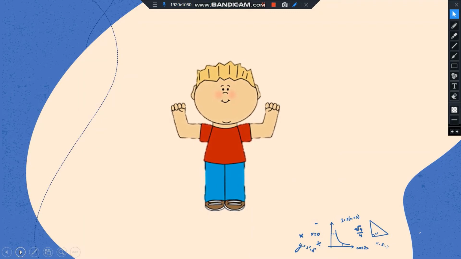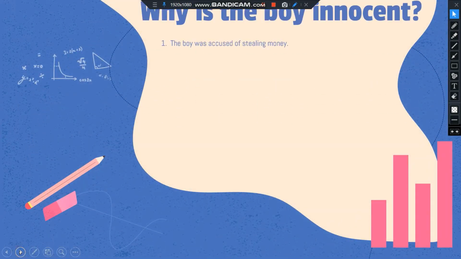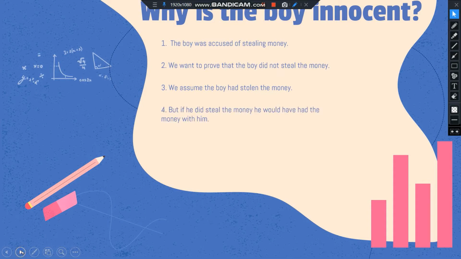So let's go through this all over, but in written down steps. Why is the boy innocent? Well, first of all, the boy was accused of stealing money. We want to prove that the boy did not steal the money. So we first assume the boy had stolen the money. But if he did steal the money, he would have had the money with him.